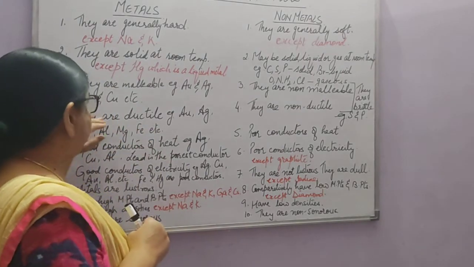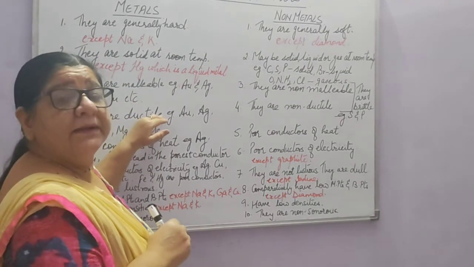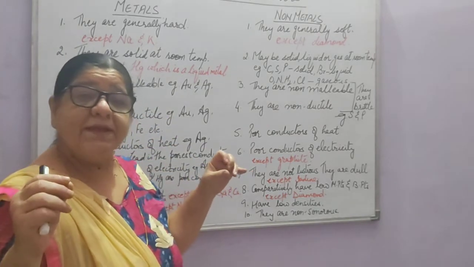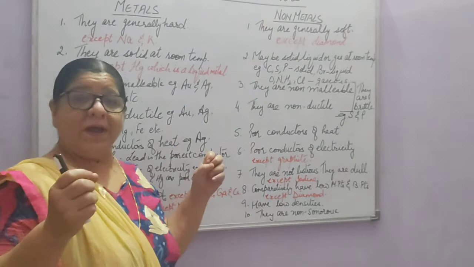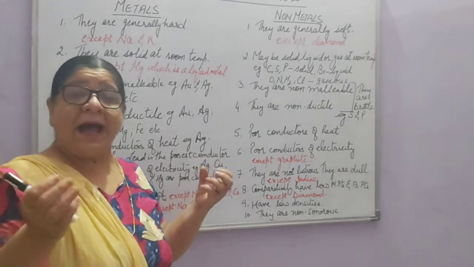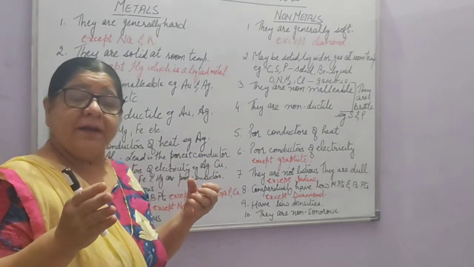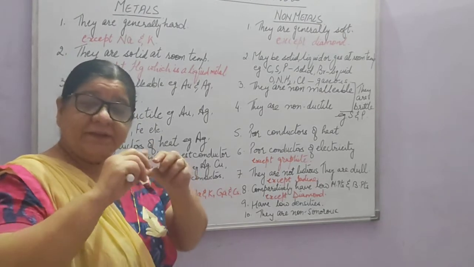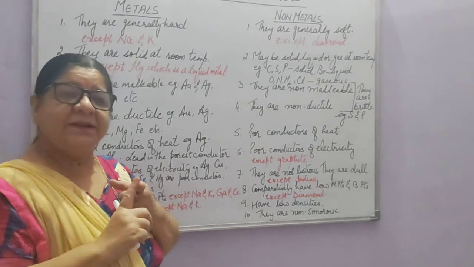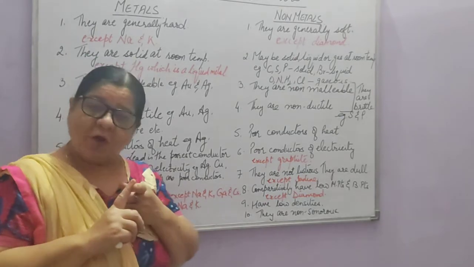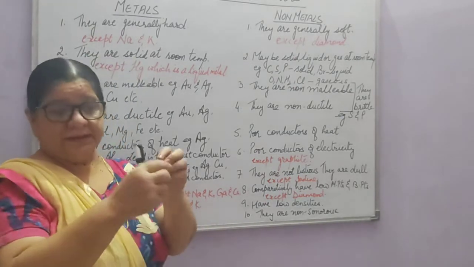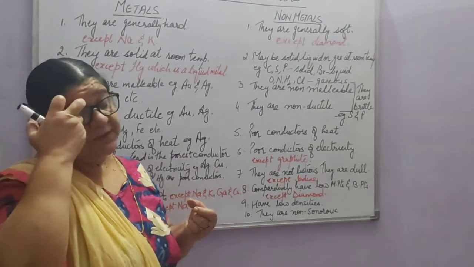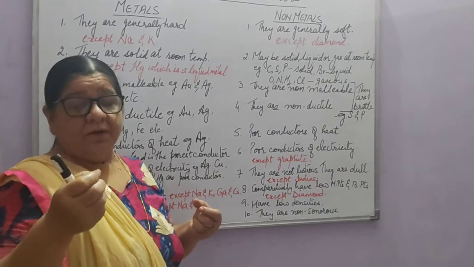Then they are ductile. Ductile means they can be drawn into wires, into long wires. You know, this iron, although it is very hard, but when it is hot, when it is extracted also, it is very soft, and you can draw the wires, iron wires, which are used to make even the iron gauge, right?